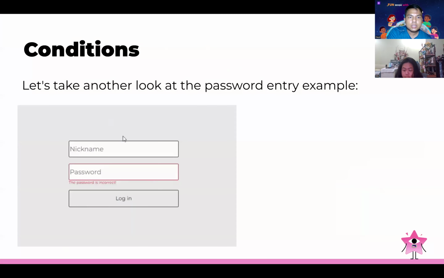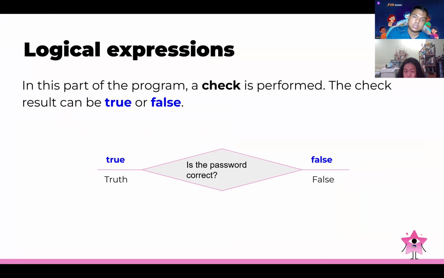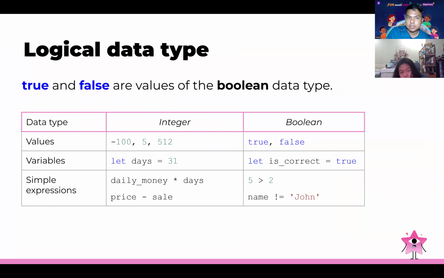So one use for conditions is the login page, inserting the password, whether it's the correct password or incorrect. If you compare the data types between Boolean and integers, it's the same thing.